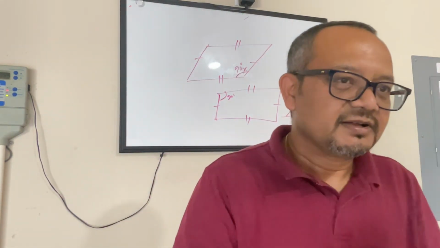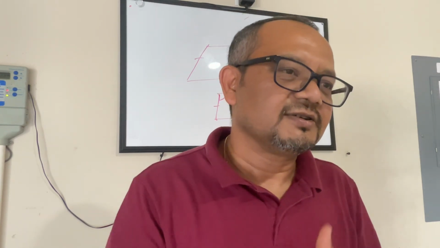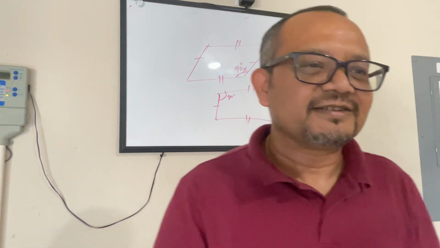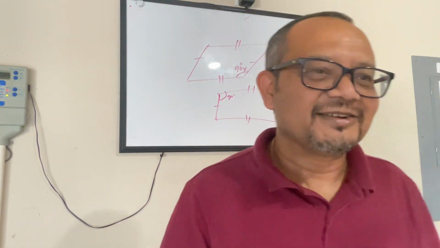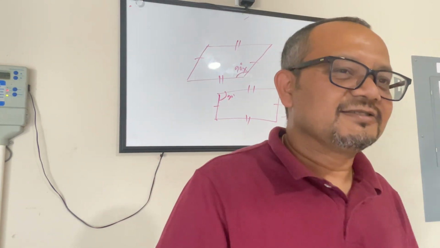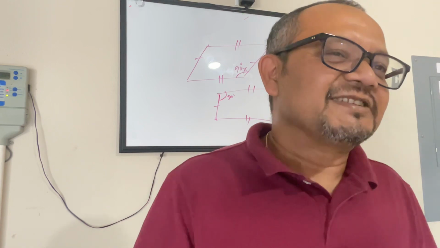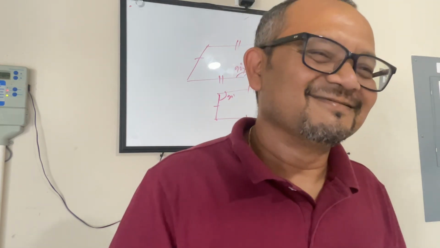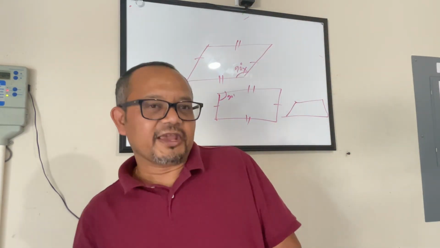Table till 12. 9 8 is 72. 6 9 is 54. 12 5 is 60. 6 9 is what? 6 9 is 54. 7 9 is 63. 11 6 is 66. 6 8 is 48.